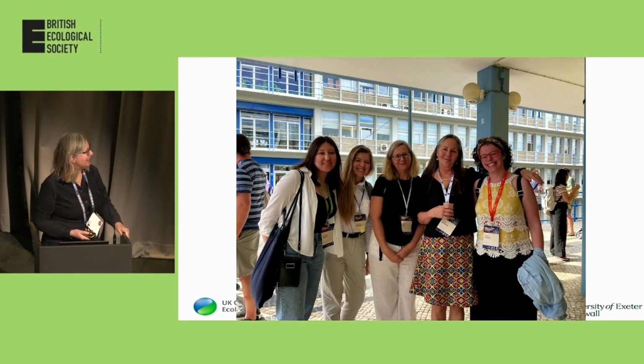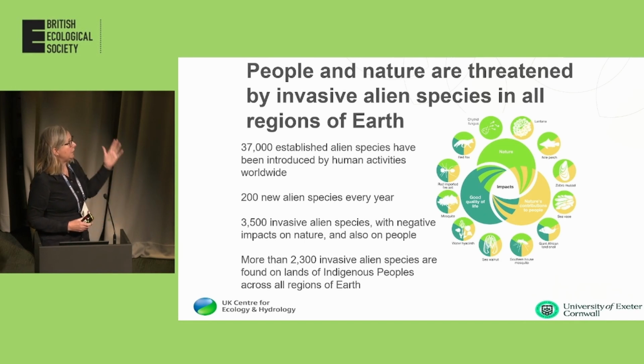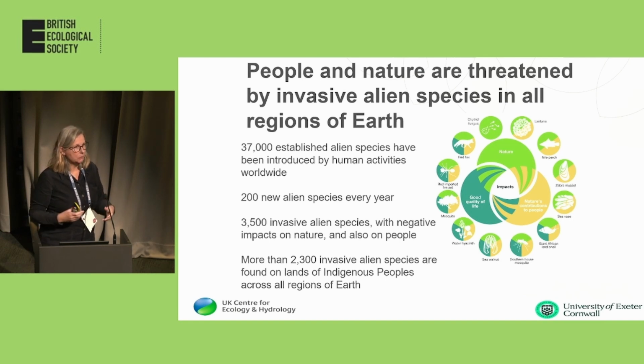That was really fantastic. So I thought I'd just give a few headline messages before moving on to the technology aspect. So there's no doubt people and nature are threatened by invasive alien species in all regions of the Earth. We gathered together all of the first records that we could possibly find through the Chapter 2 work.